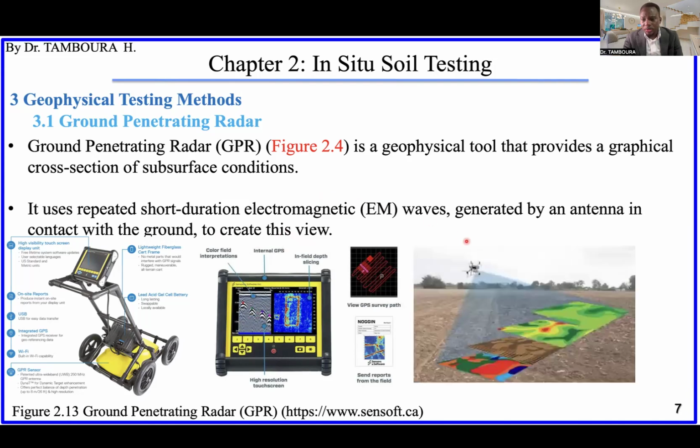Right now, there are even some drones that can do this. And you can see here the path of this machine, scanning all the field. I think the spacing is about 10 feet, the spacing between this and this.